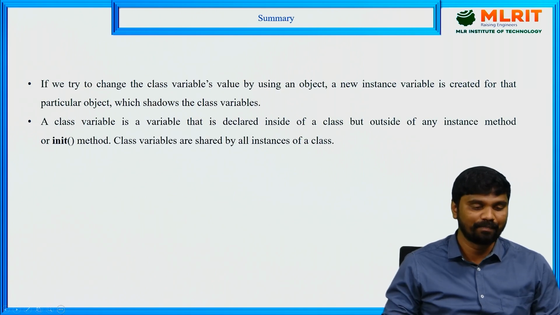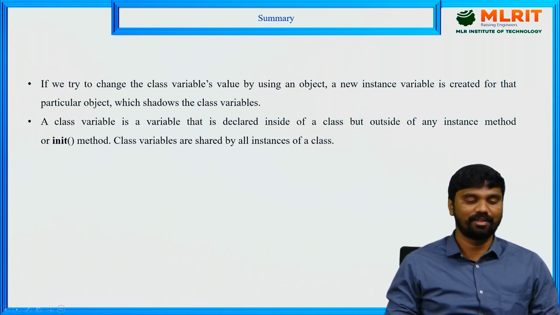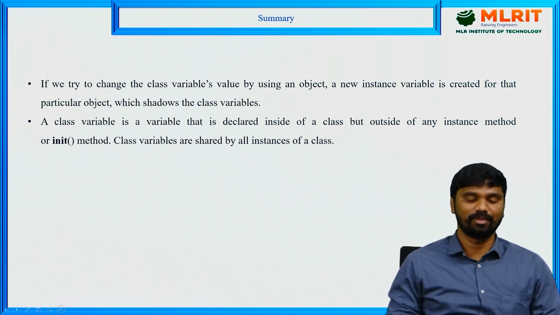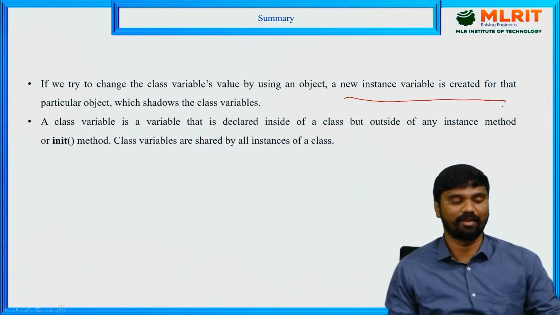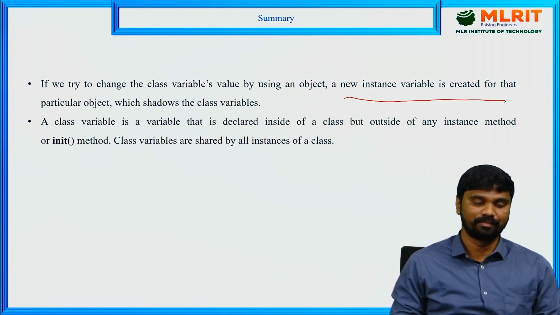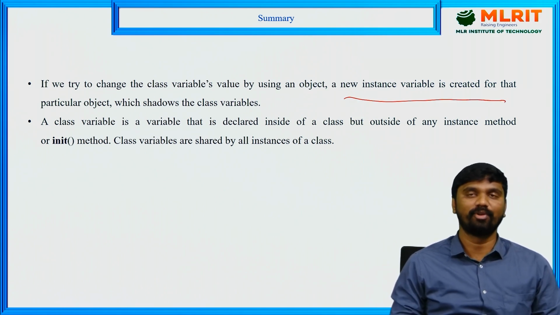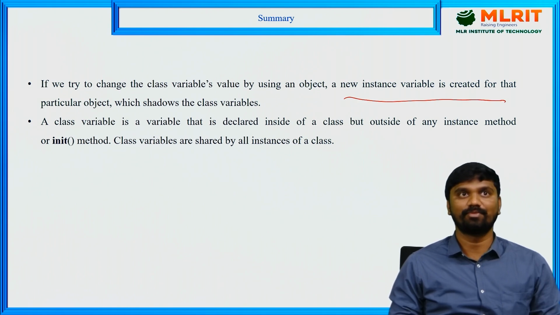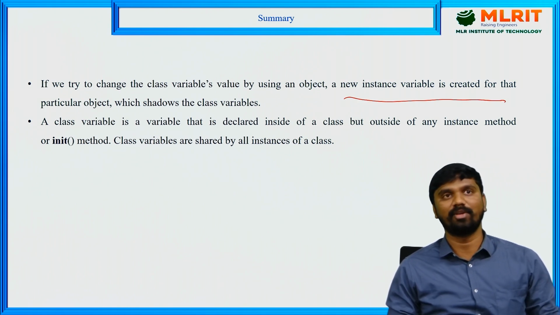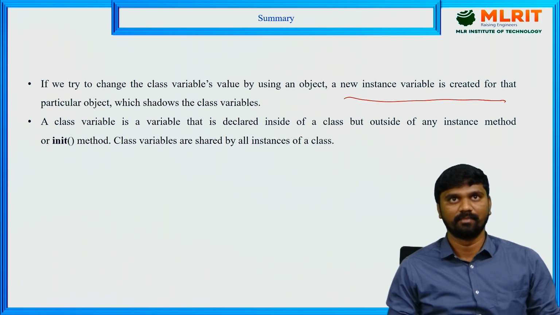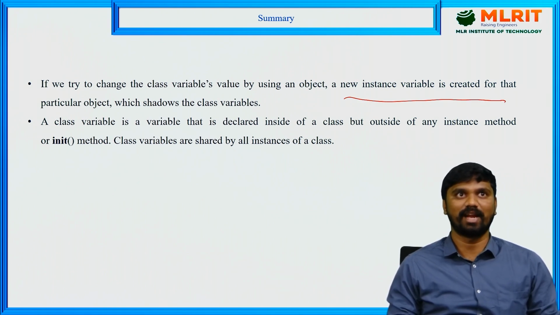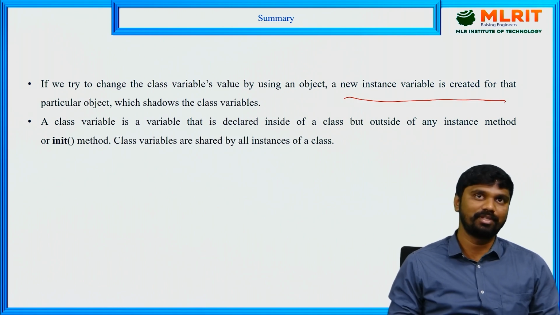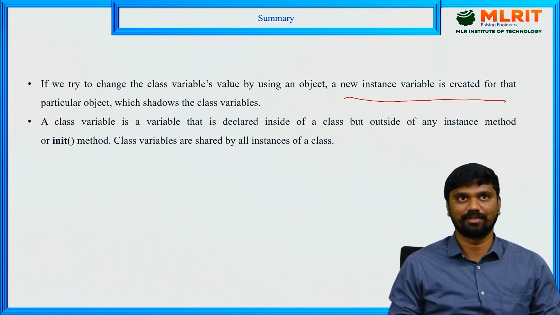So finally, if you try to change the class variables, the class variables are nothing but static variables, by using an object, then a new instance variable is created for that particular object. That means you are trying to change the value of the static variable by using the object, not by using the class name.